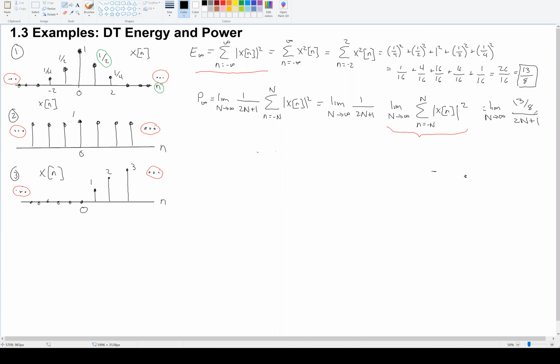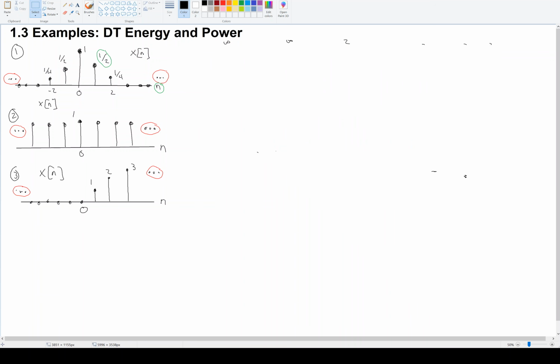Now there's nothing in the numerator to cancel that denominator N, so as N goes to infinity, I've got a number divided by something that gets larger and larger, and so this goes to 0. That is the power averaged over all of time, 0, of example 1. Again, feel free to pause the video, but I'm gonna move on. Okay.